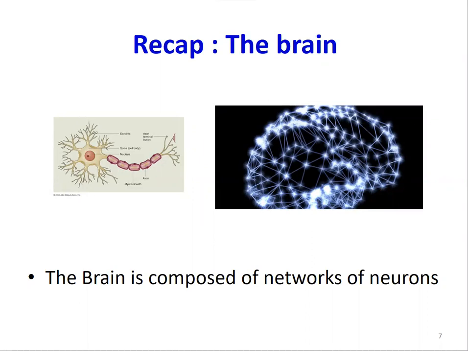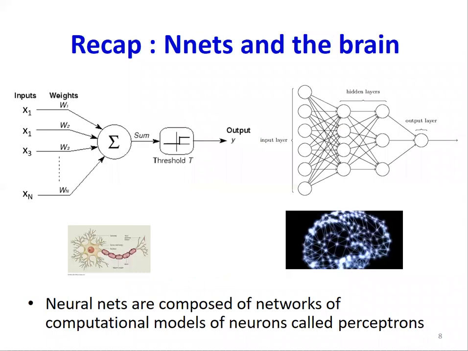If the combined cumulative incoming signals from other neurons exceed some threshold, the neuron fires. The signal from the neuron goes down this long leg into other neurons. And the brain itself is composed of a network of such neurons, so our computational model of the brain is also a network of computational models of the neuron.